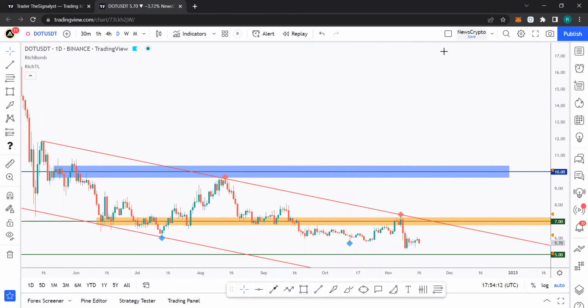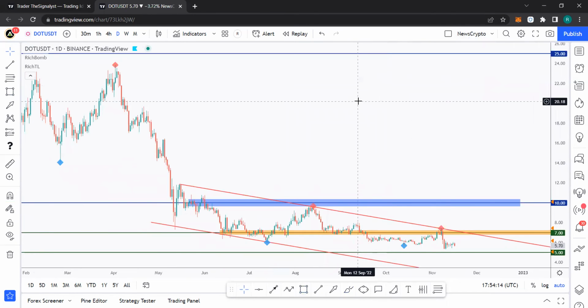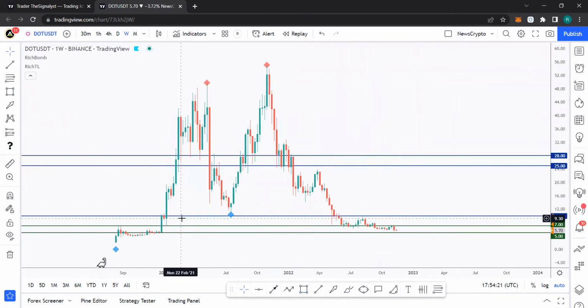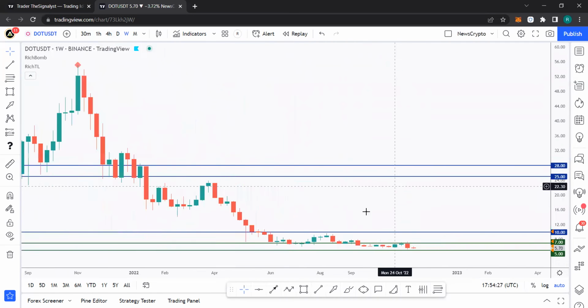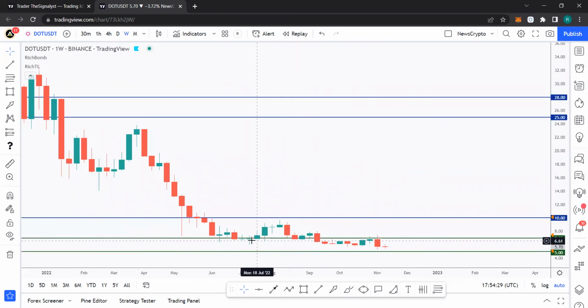Dot. Polkadot's a very similar channel, just like IOTA and ADA. Demand zone right here, an aggressive movement upward. We are bearish and we even broke below this low.